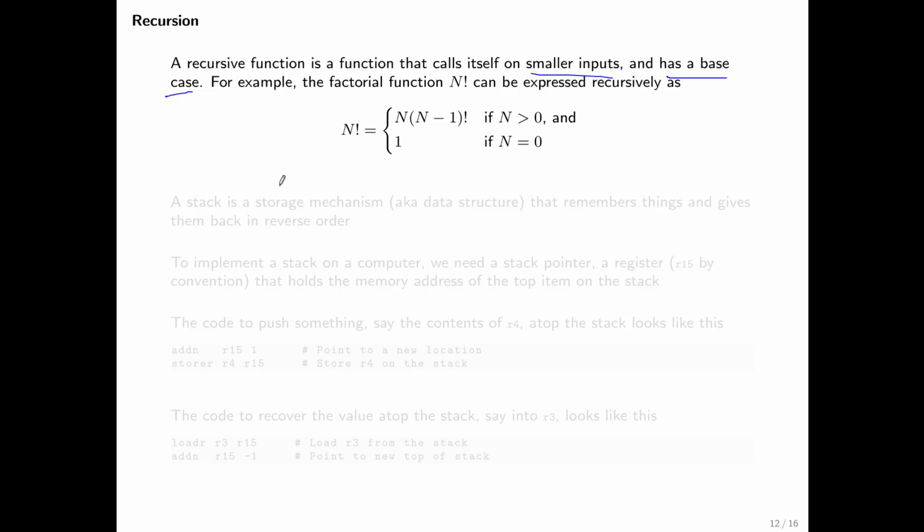So let's take an example of the factorial function again and look at it as a recursive function. Okay. So what is n factorial? Well, n factorial, remember, is n times (n minus 1) times (n minus 2) and so on down to 2 and 1. Okay.